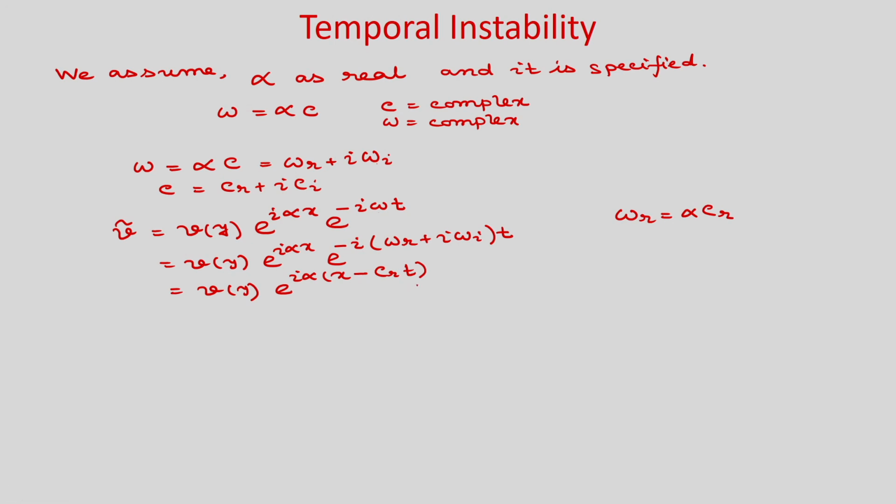So, obviously you can see that we have this i and this i, it will be i square, and i square is minus 1. So, this will become plus. So, you can write e to the power alpha c i t, okay, because omega i is alpha c i.